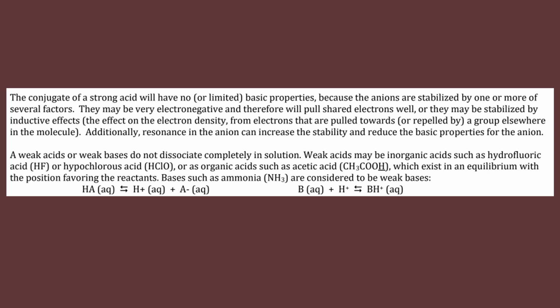This happens because the anions are stabilized by one or several factors. They may be very electronegative, and therefore they pull their electrons well, or they're stabilized for some reason, or the electrons are pulled towards a group elsewhere. So resonance is another key thing to increase stability and therefore reduce properties of the anion.